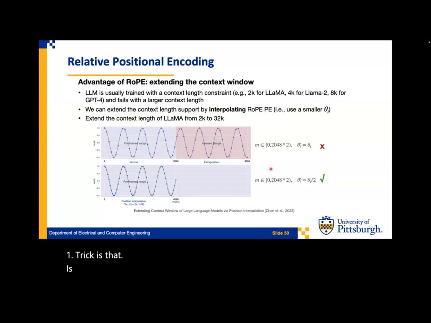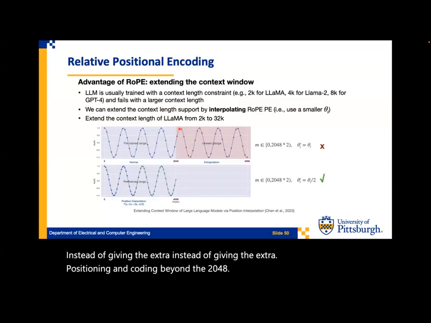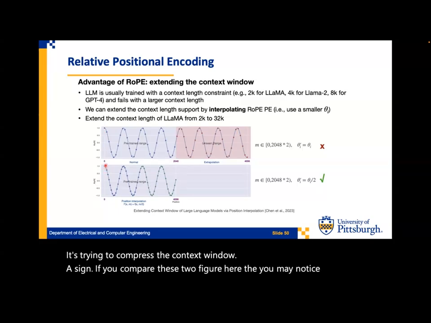Instead of giving extra position encodings beyond the 2048, it's actually trying to compress the context window. If you compare these two figures here, you may notice that there's a middle point over here.